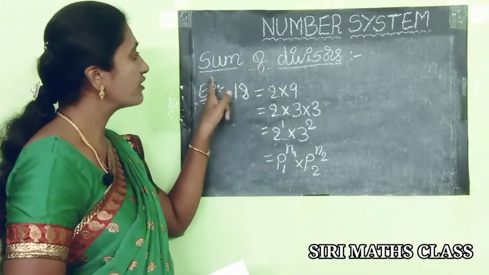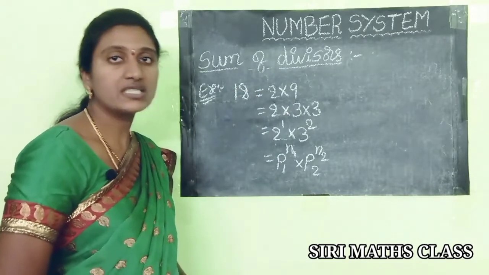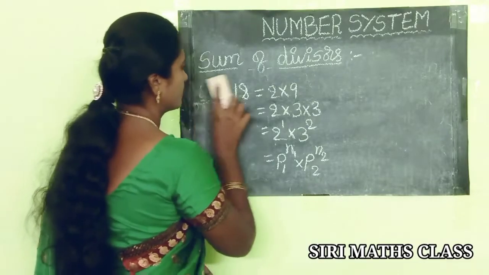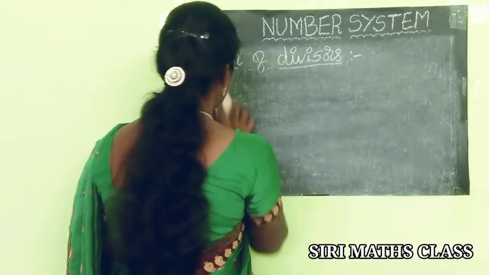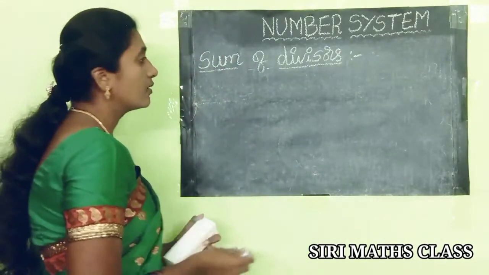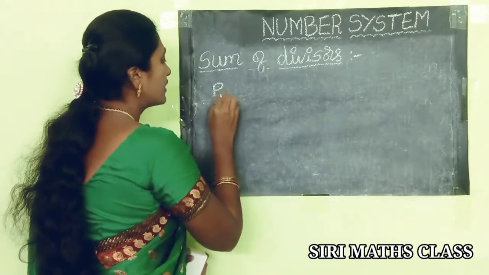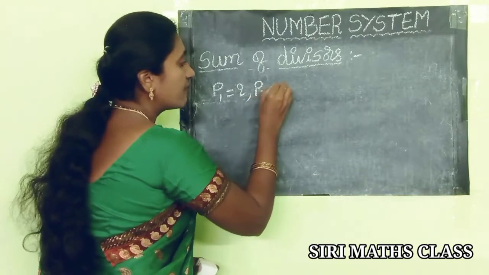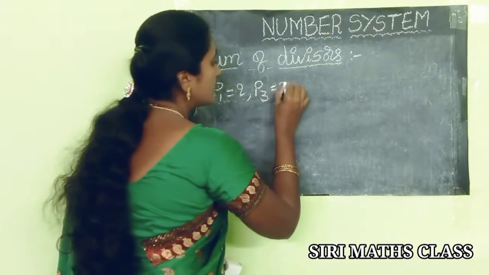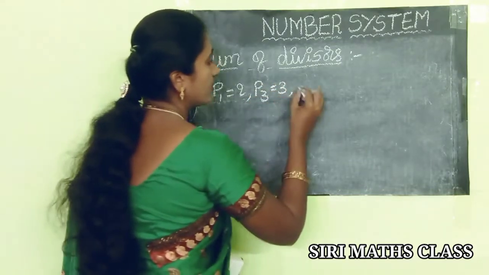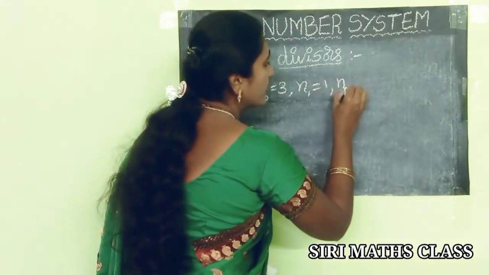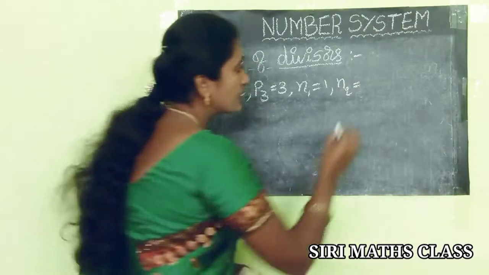Now we can find the sum of the divisors of the given natural number. What are the P1, P2 values? P1 value is 2 and P2 value is 3, and n1 value is 1 and n2 value is 2.